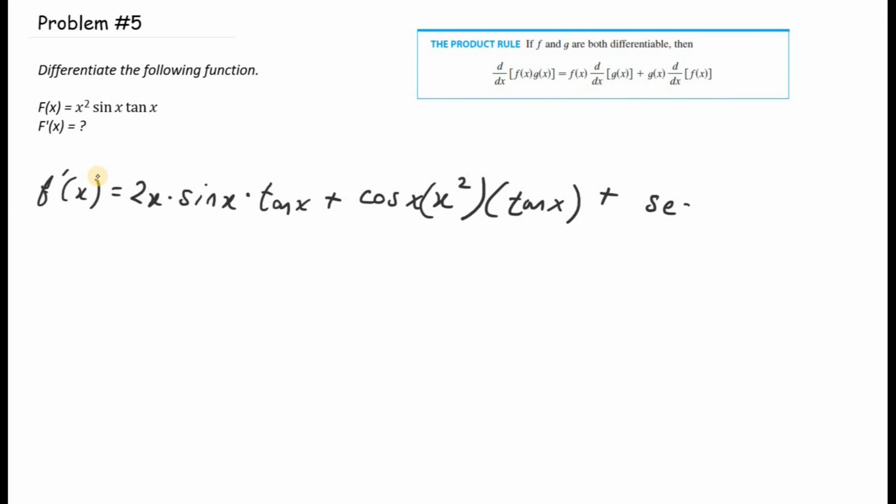That gives you secant squared x times the first function, which is x squared, times sine of x, which is the second function. It was the same method that we saw previously for the other question, except we had one more term, and we just applied the same method using the product rule.